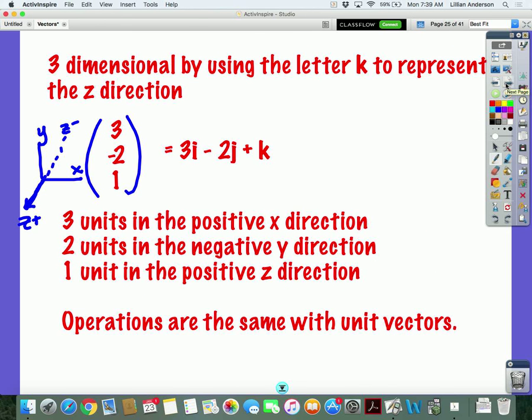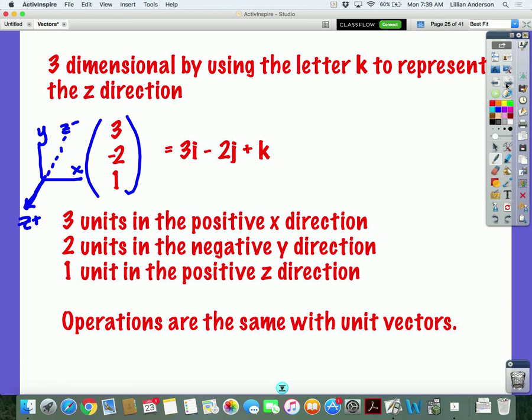Now there is such a thing as a 3-dimensional vector. We're looking at the x, y, and z axes. Will you have to draw that? Definitely not. Will you have to do some type of operation with it? Most definitely. If you ever see three variables, you are dealing with a 3-dimensional vector.